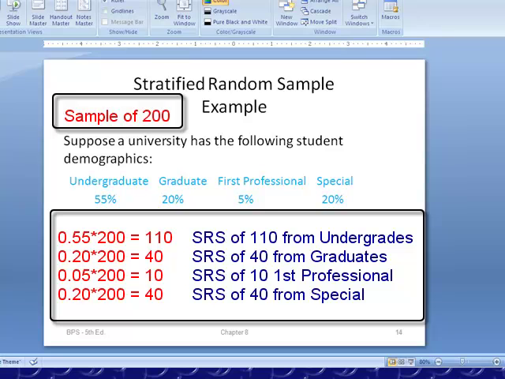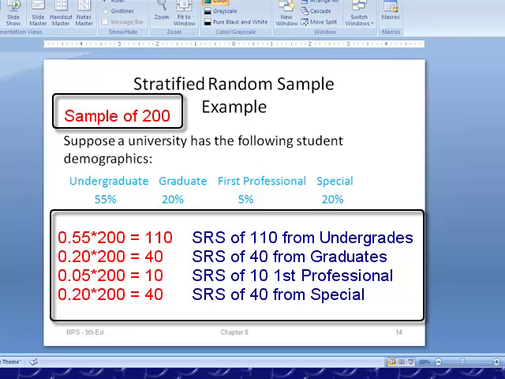So when I do that multiplication, I get 40. So I want to take a simple random sample of 40 graduates. I would do the same for first professionals, where I'd want 5% of my sample to come from first professionals, so I'd say 0.05 times 200. So I'm going to take a simple random sample to get 10 first professionals.